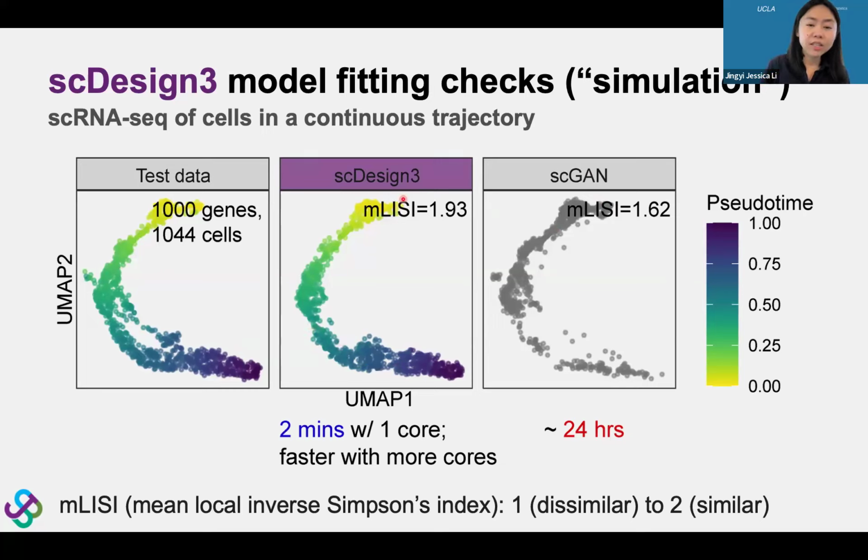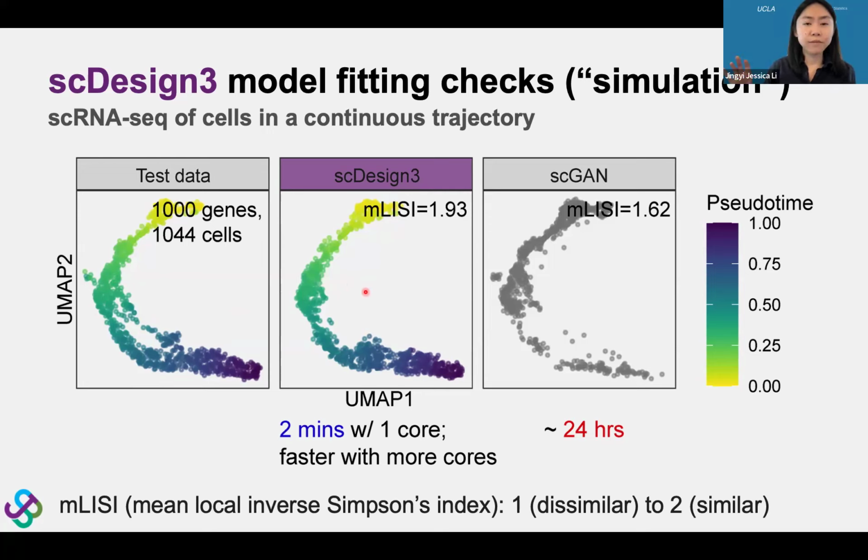In particular, this index called mean local inverse Simpson's index is a way to measure the similarities of two groups of cells. So what it does is that in some low dimensional embedding space, you pool the cells together and you measure for every cell in its local neighborhood, what is the composition of the real cells and the synthetic cells.